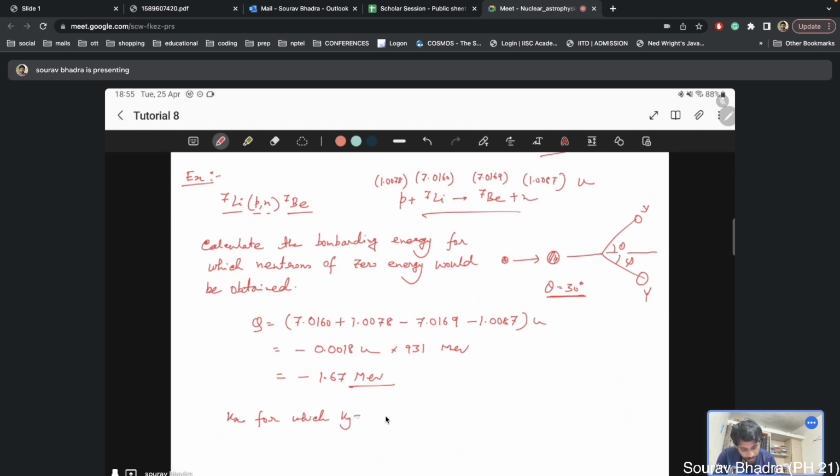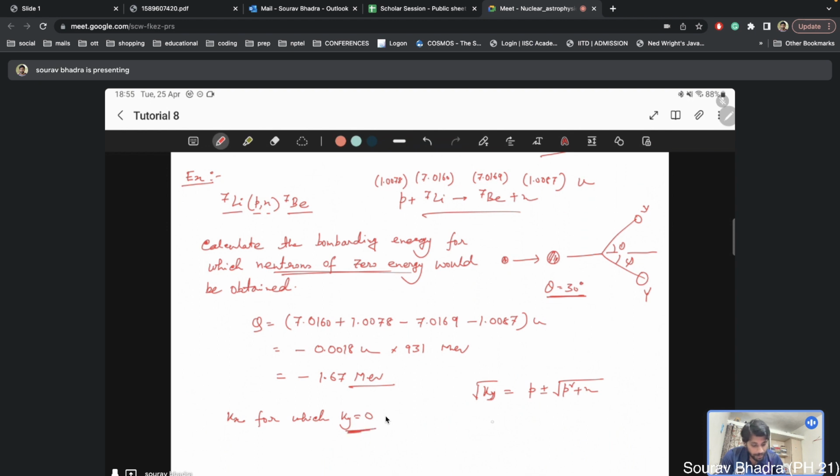Ky equals 0, that means zero energy of the neutron. For which Kx the neutron energy is 0, that we have to calculate. So the famous equation: Ky is equal to p plus minus root over p squared plus n. We are again going back to that equation. That is the most important equation in this kinematics, I will say again.